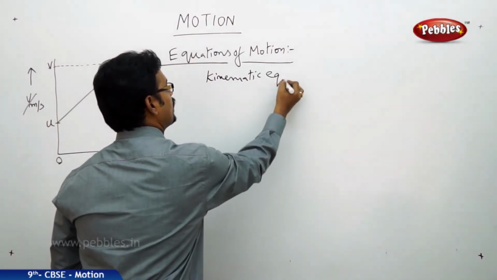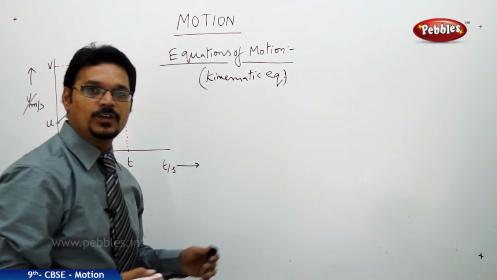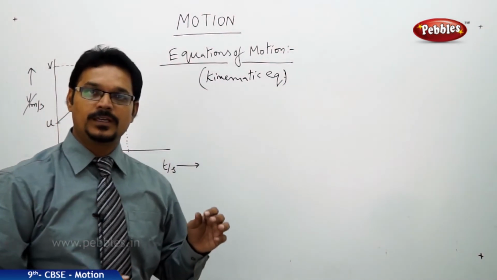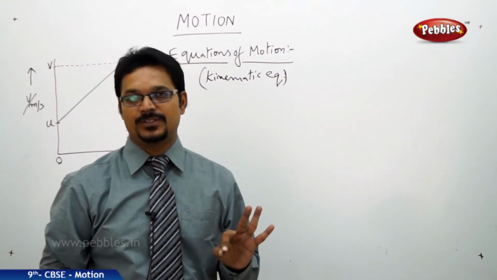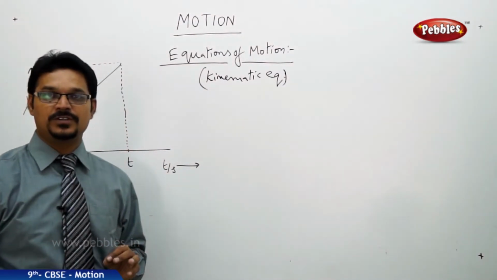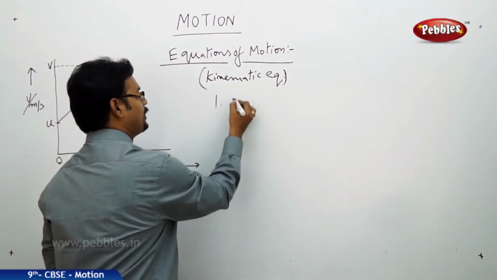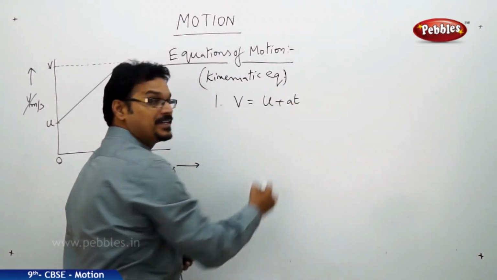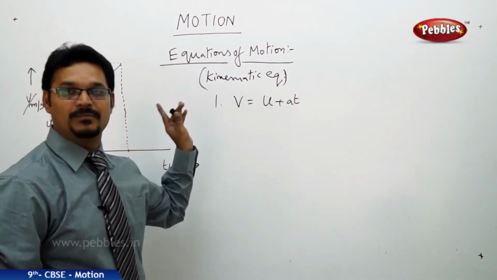Kinematic equations or equations of motion. Importantly, we have 3 equations, and you need to remember those 3 equations. Number 1, V equals U plus AT. All symbols' meanings you know.